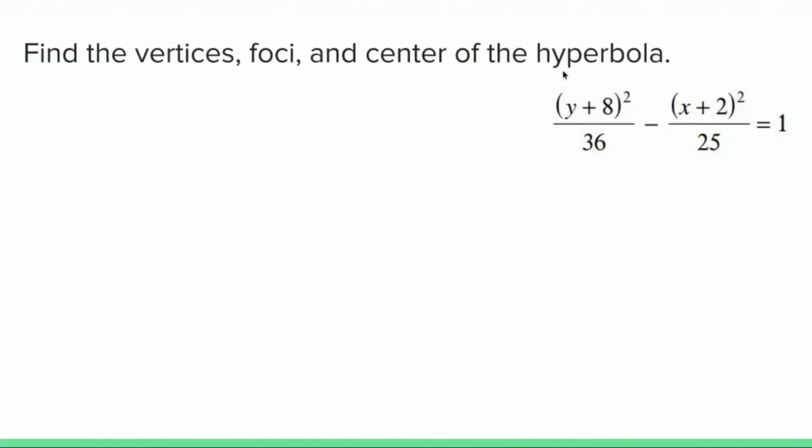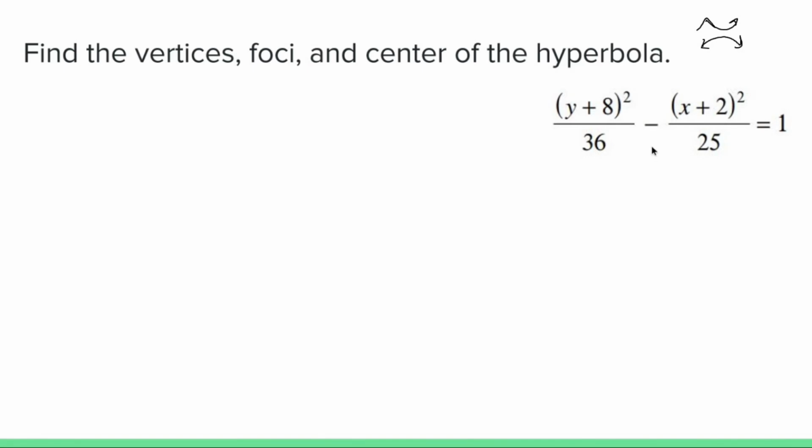All right, it's time for hyperbolas. Vertices, foci, and center of this guy right here. First off, it's a hyperbola because of the minus sign and it equals 1. In this case, we have the y stuff happening before the x stuff, so this is how we label things. First off, this is a hyperbola that opens up and down.